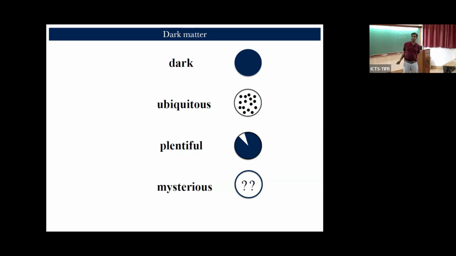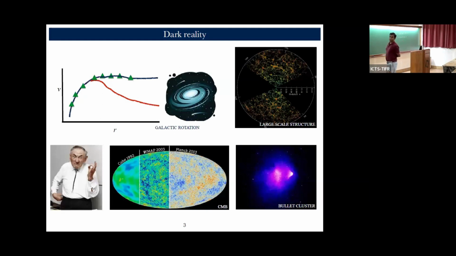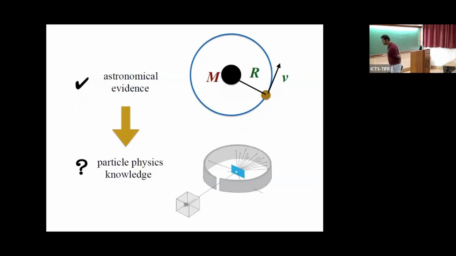And despite heroic efforts to unveil its identity, it stubbornly refuses to tell us what it is actually made of at a microscopic level. We know it's there because it pulls on everything else through the force of gravity. And over the last few decades, we've amassed many different pieces of evidence for dark matter from astrophysical and cosmological data. I'm not going to go through all these. I'm sure you've seen these or learned about these.